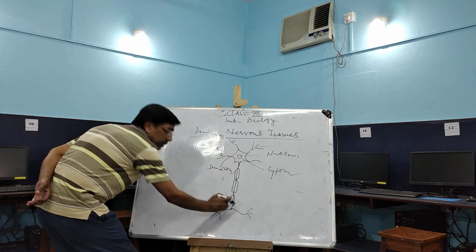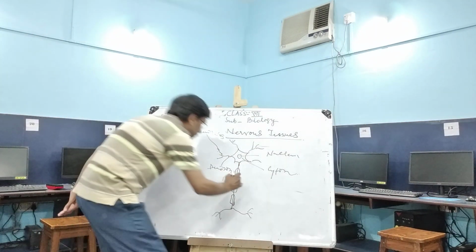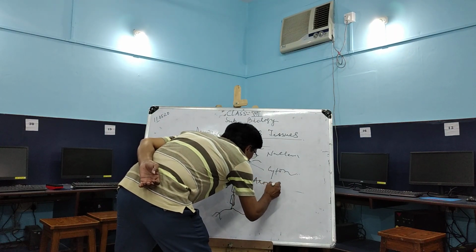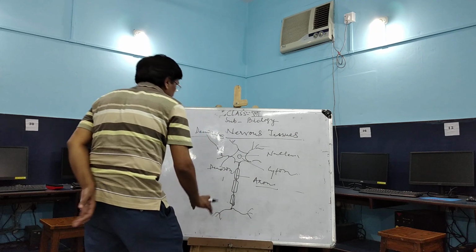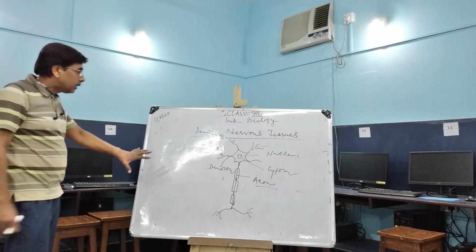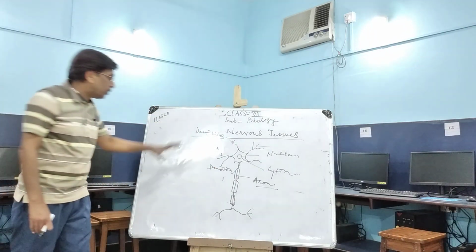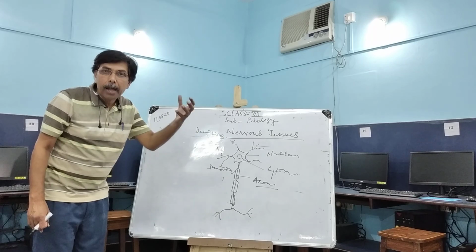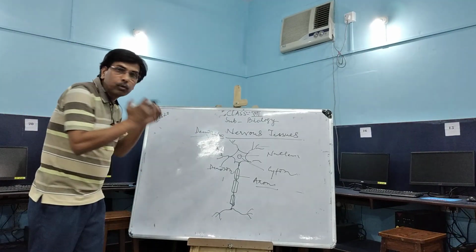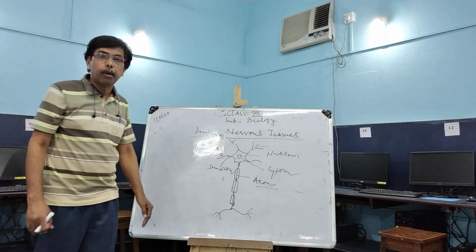And one of the extensions is longer than the rest, you can see, and this extension is called the axon. And these are the axon terminals. So this is the structure of a neuron. The function of a neuron is to receive stimuli from within or outside the body and to send the impulse to different parts of the body.